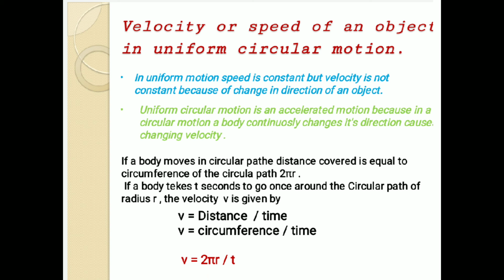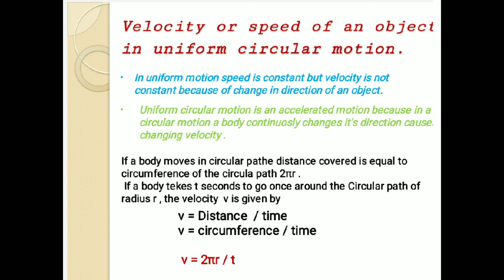So direction changes means obviously velocity should change, because velocity has magnitude and direction. What about speed? Speed does not change because it does not have direction at all. So in uniform circular motion, speed is constant but velocity is not constant because of the change in direction of the object.